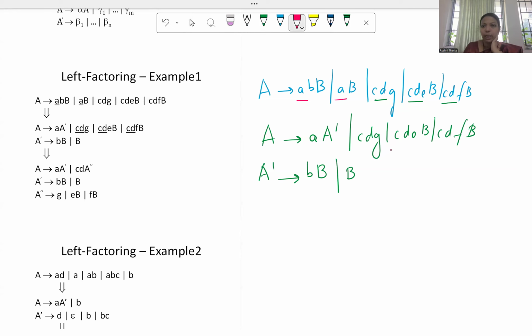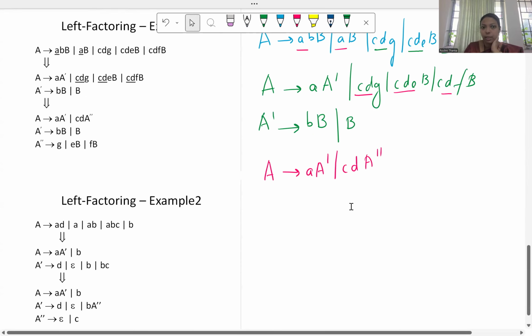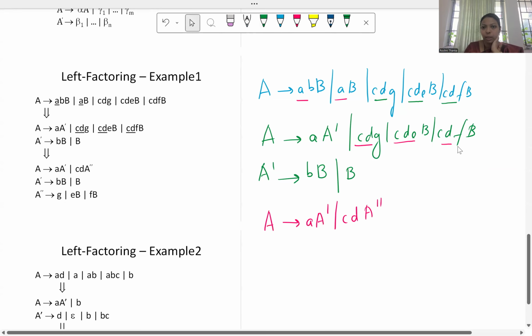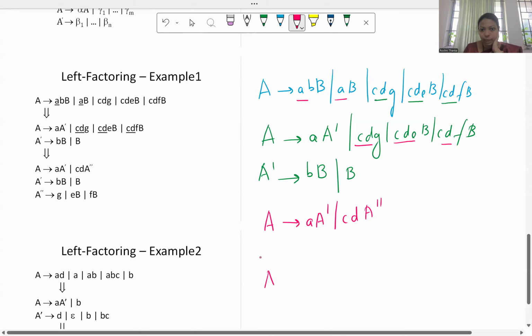Now if you look at here, again we have another common term, CD. Now let us solve this. So this A can be written as A dash, which is already there, CD is taken as common term, and I'm going to introduce a new non-terminal A double dash. Now what is A double dash?